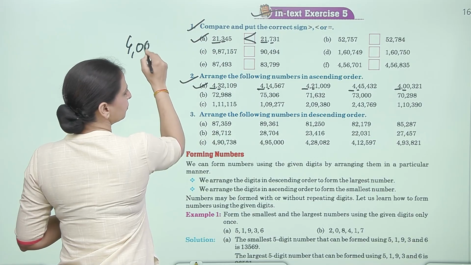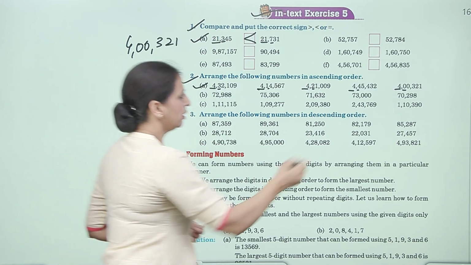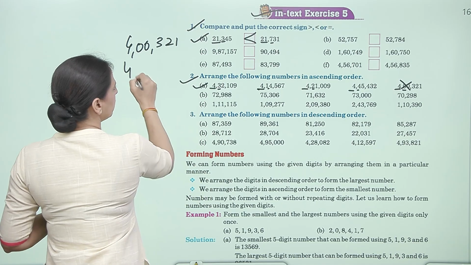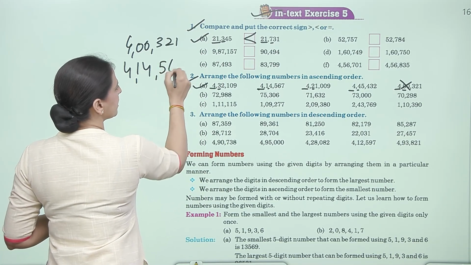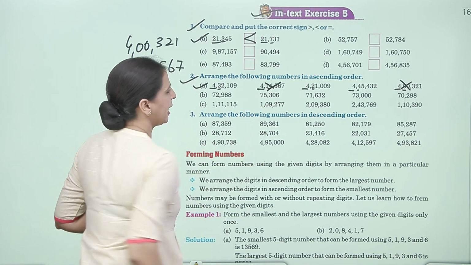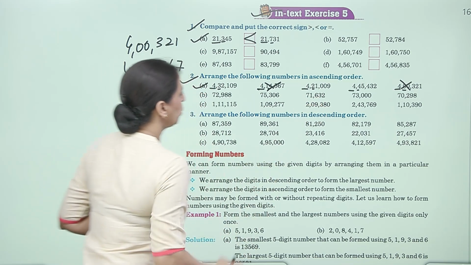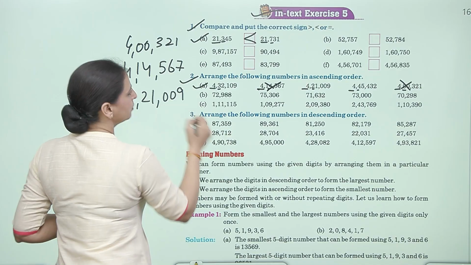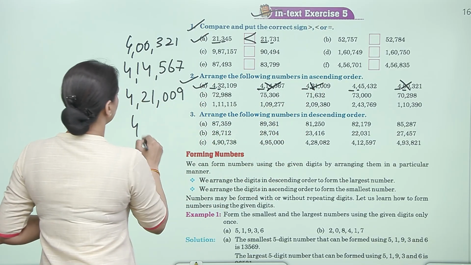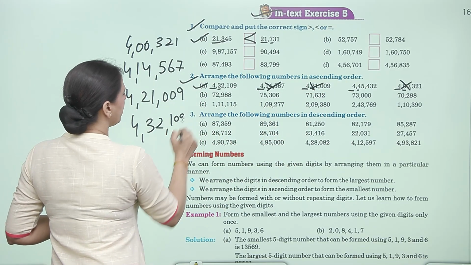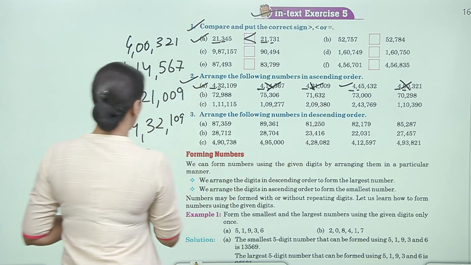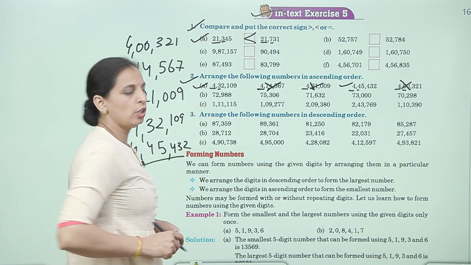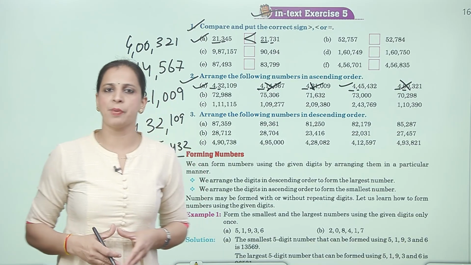So 4,00,321. Now next is 4,14,567. Next is 4,21,009. Next is 4,32,109 and last is 4,45,432. तो बच्चों सेम मेथड को यूज करते हुए बाकी के पार्ट्स आप खुद ट्राई करेंगे.